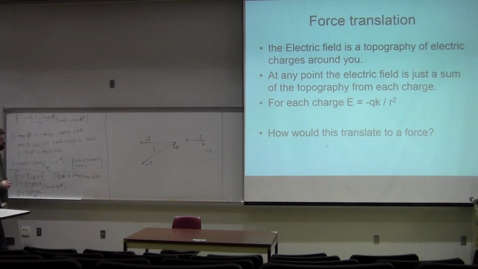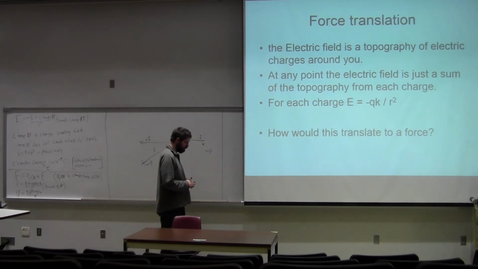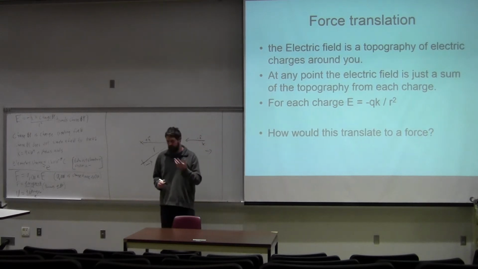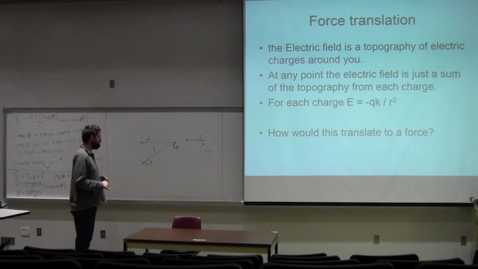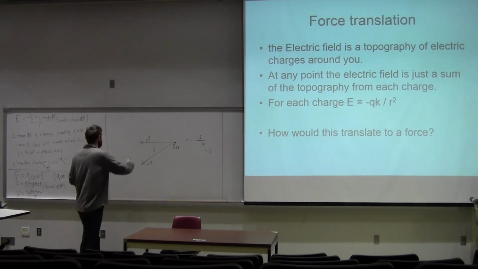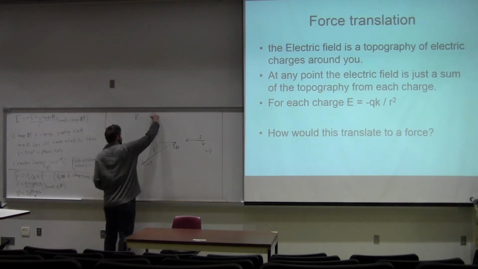But how do we translate this to a force? There's an equivalence between the gravitational world and the electric world. In the gravitational world, you have mass. In the electric world, we have charge.